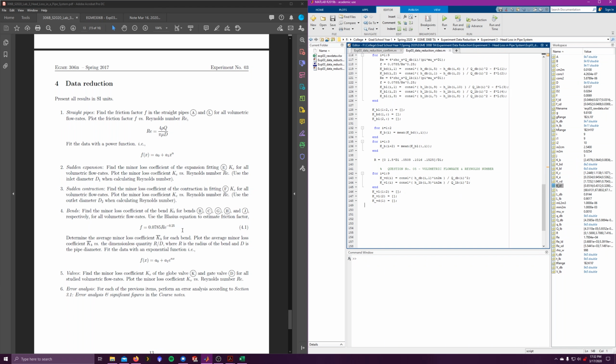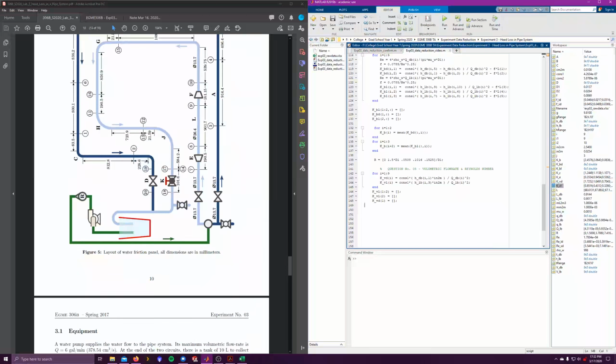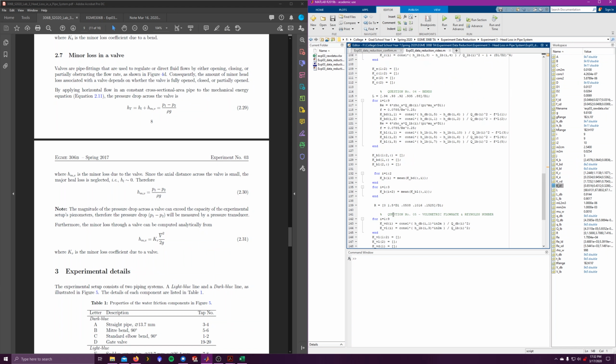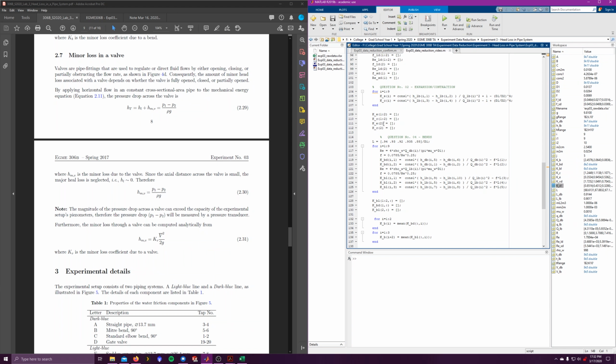The equation is pretty simple here, it's just 2.31, and we're going to use our constant value again for both of these. Then we'll just plug in. And remember, we're going to shorten our vectors for the light blue and the dark blue, just as we've been doing for each of these questions.